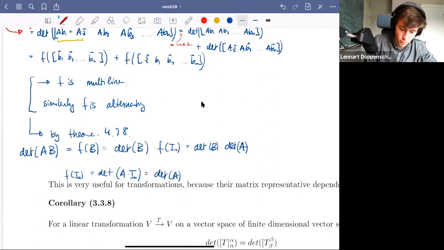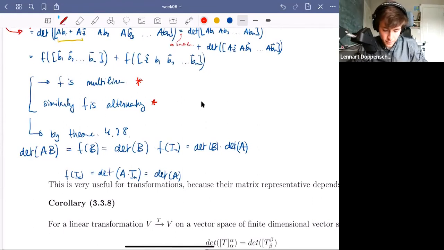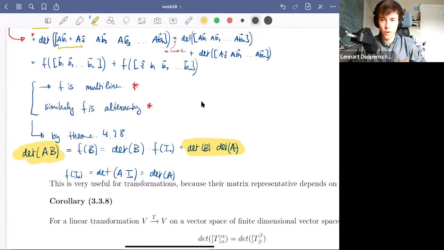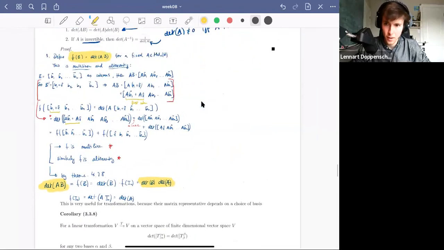Because I have these two properties, I can invoke theorem 4.2.8. So we've shown the first thing. This was the more involved part of the proof. Are there any questions?